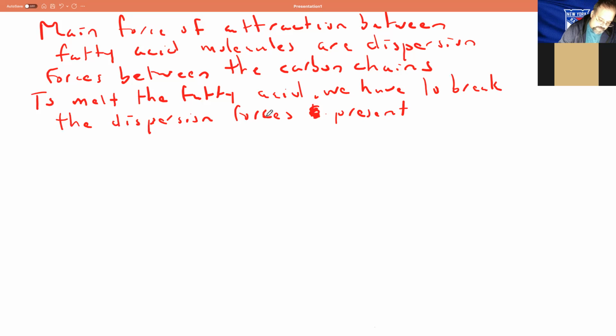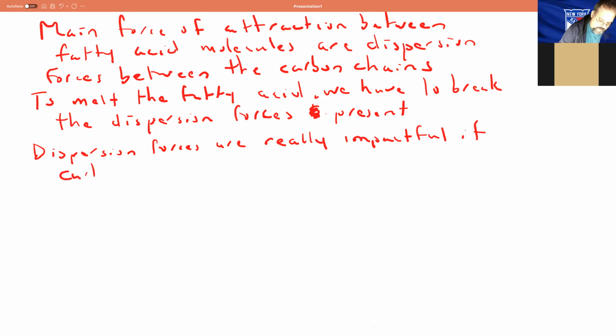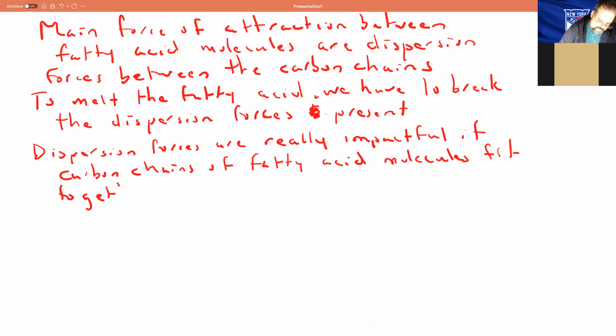Now, the dispersion forces are really impactful if the carbon chains of the fatty acid molecules fit together in a regular pattern.